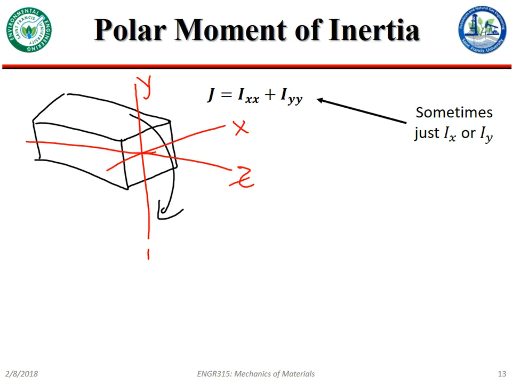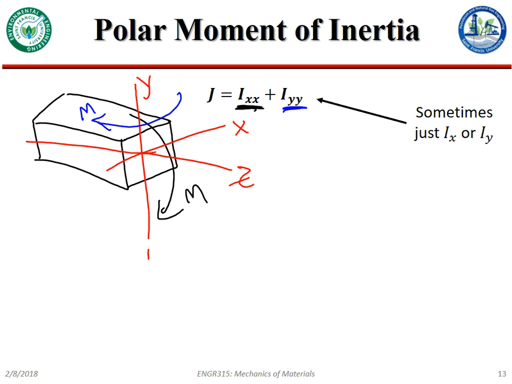So if I'm trying to exert a moment around the x-axis, say, the area moment of inertia that would resist that most is Ixx or Ix, the area moment of inertia around the x-axis. If I was doing the same thing around the y-axis, Iy would take care of it.